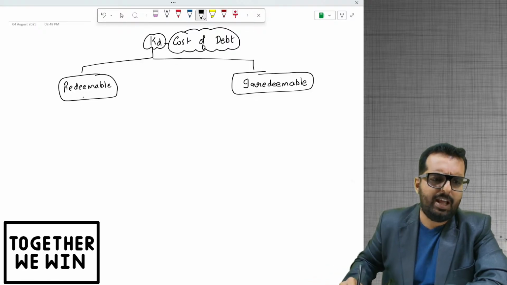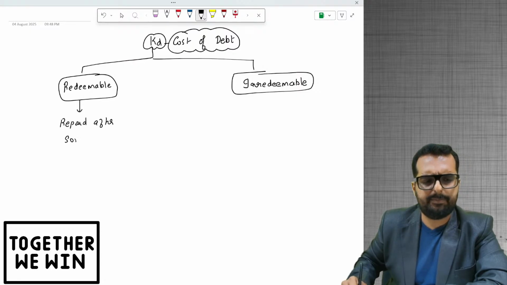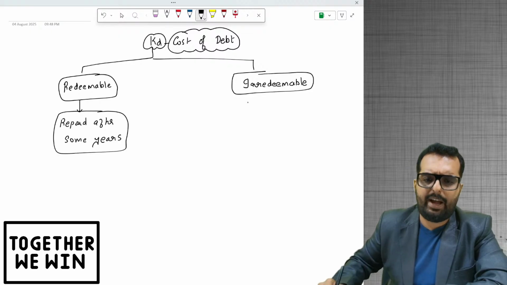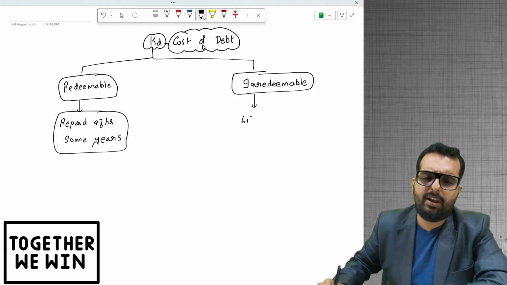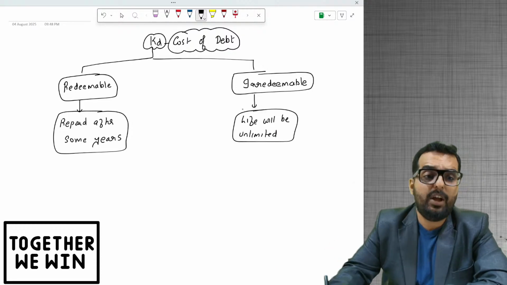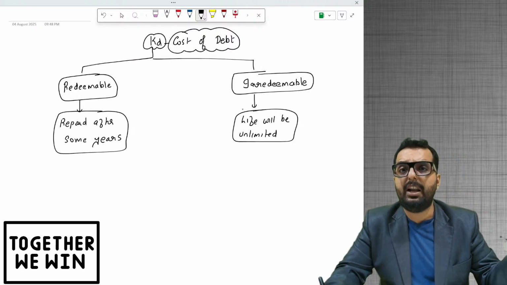Everybody clear with this part? Redeemable debt, for example, will be repaid after some years. Whereas irredeemable debts will have unlimited life. So friends, one will have limited life, whereas the other one is going to have what? The other one is going to have unlimited life.